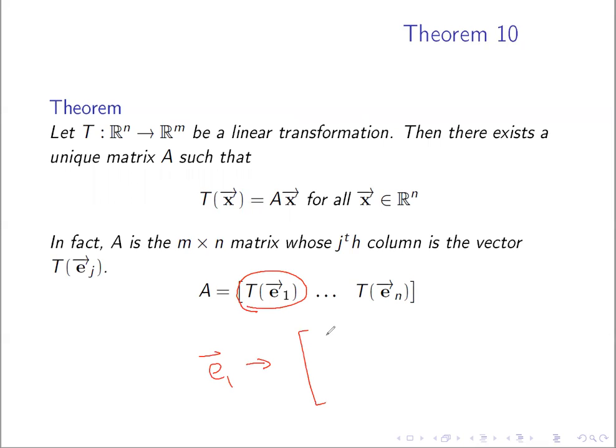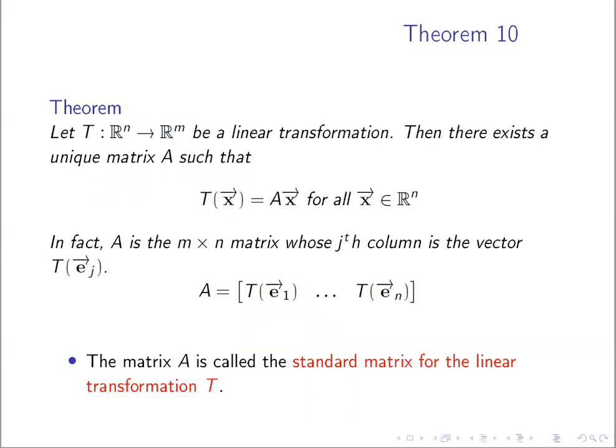Wherever that new vector is, that's what ends up going into the first column. We take E2, where does that go, and so forth. And that gives us all of our information. So this is actually then called the standard matrix for the linear transformation.